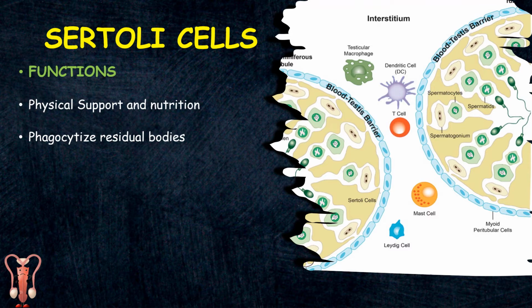Phagocytic function: there are residual cytoplasmic organelles which are cast off from the spermatozoa during the conversion of spermatids to sperms. These cytoplasmic residues are phagocytized by the Sertoli cells.